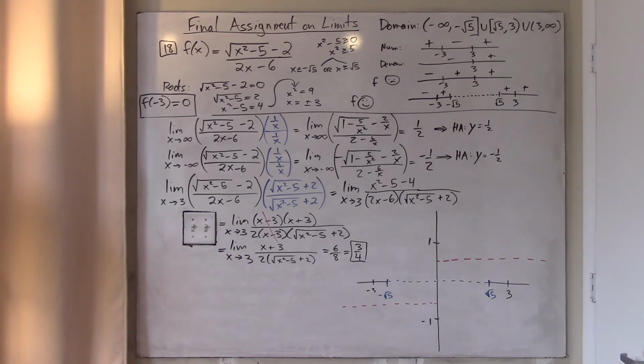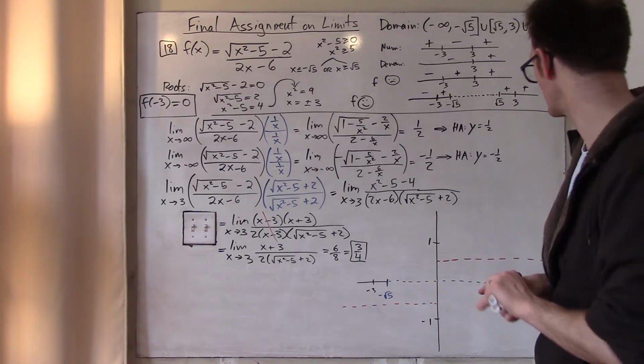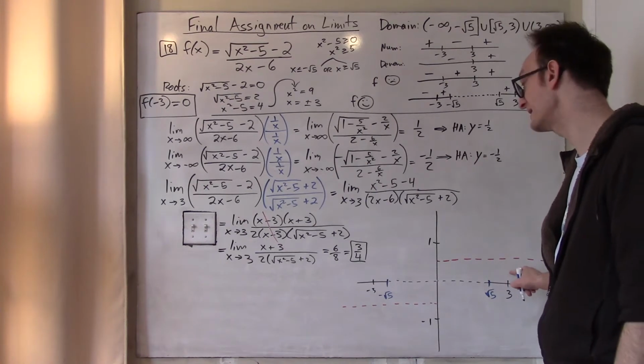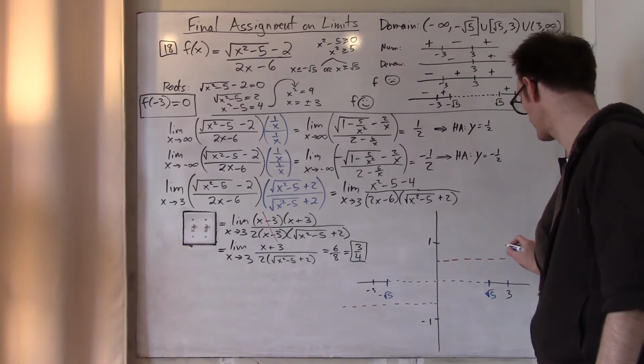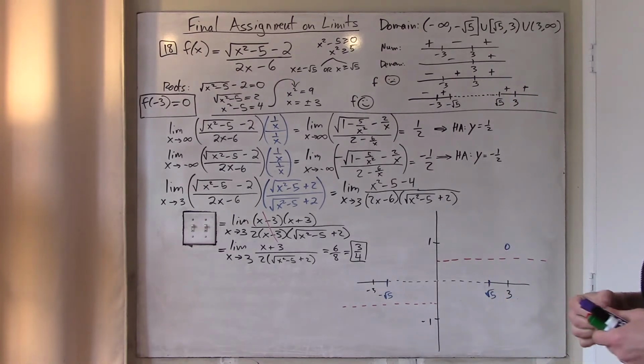The limit as x approaches 3 of this function is 3/4. But of course also this function is undefined at 3. That means there must be some kind of hole here at 3, 3/4. So I'm just going to put a hole there. And maybe I'll label it later or something.